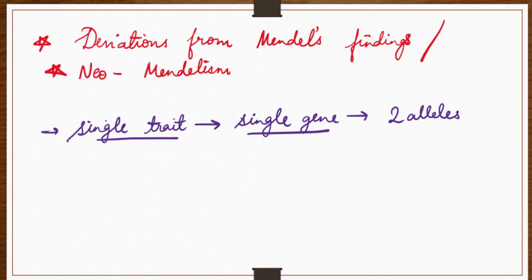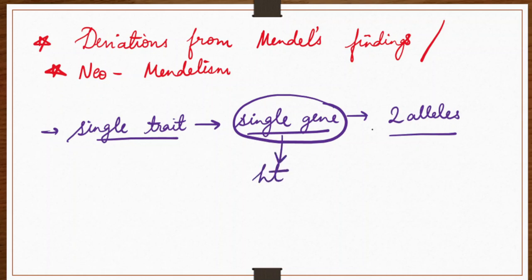During that time the word gene was not there, so he called it a factor. Even Mendel thought that out of two alleles, if we consider a gene for height with alleles capital T and small t, only one will be dominant.